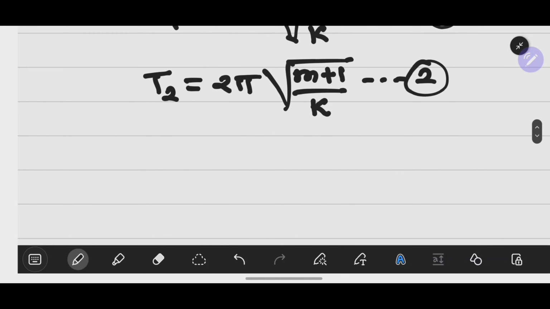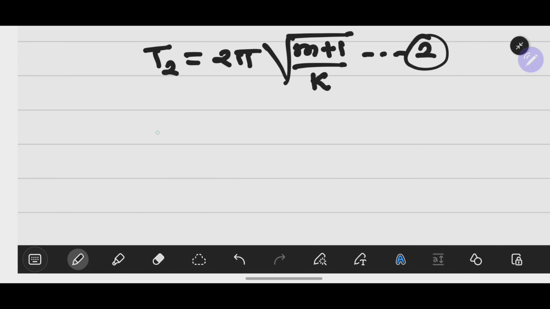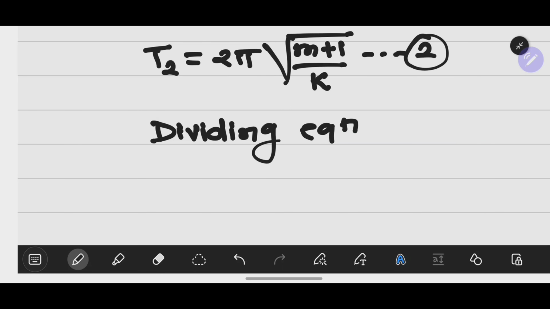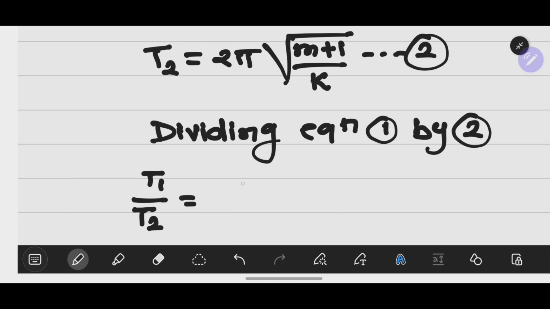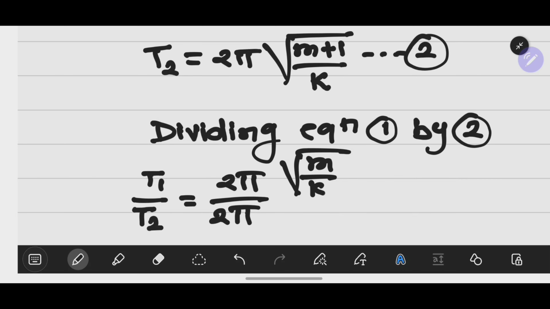Dividing equation 1 by 2, we say that T1 upon T2 is equal to 2 pi upon 2 pi, under root of m by k upon under root of (m plus 1) upon k.